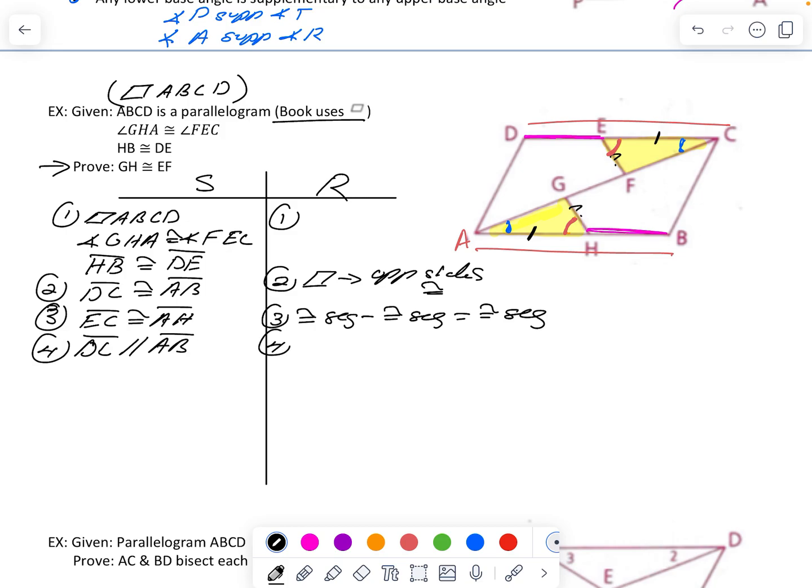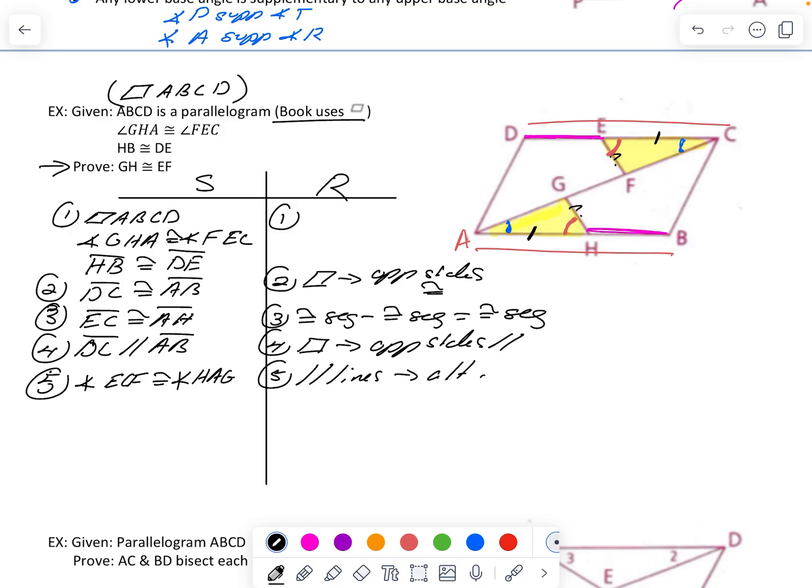And we know that because if we have a parallelogram, opposite sides are parallel. And if those two sides are parallel, then we can say angle ECF is congruent to angle HAG because parallel lines mean alternate interior angles are congruent.